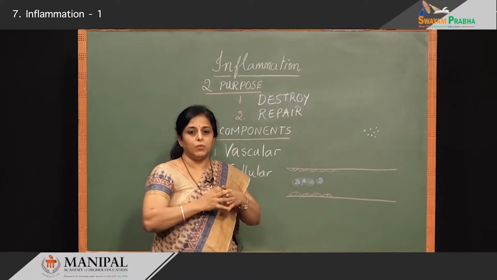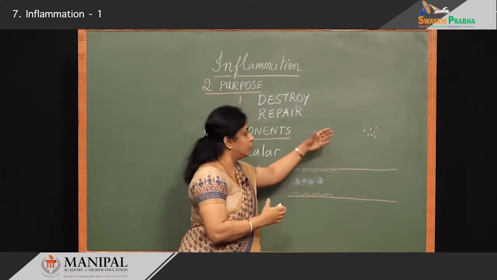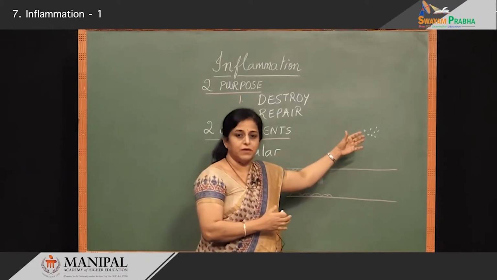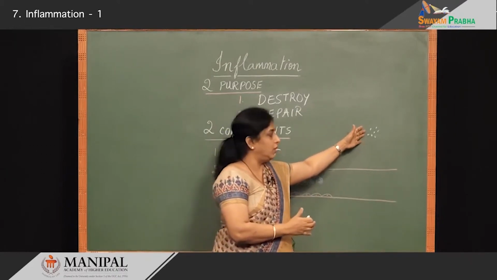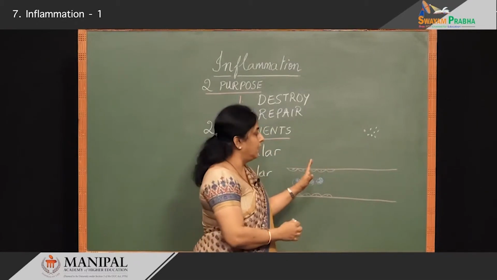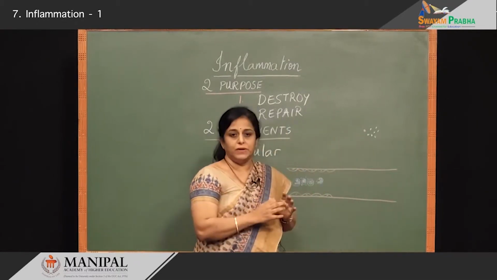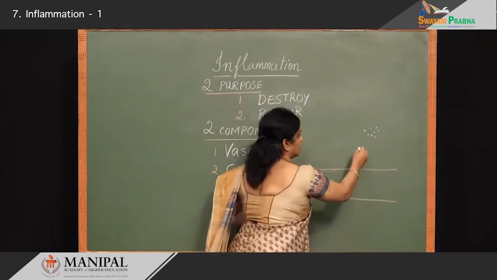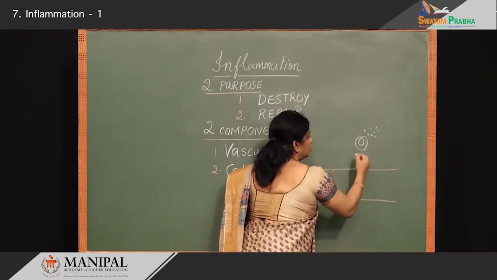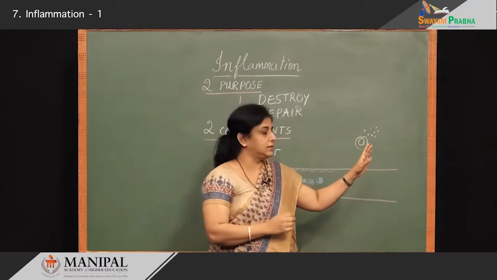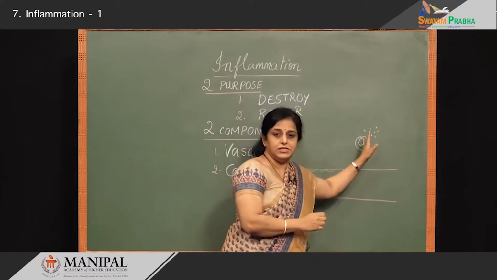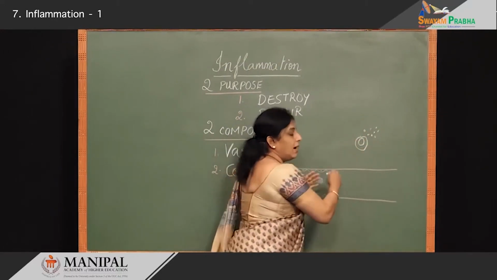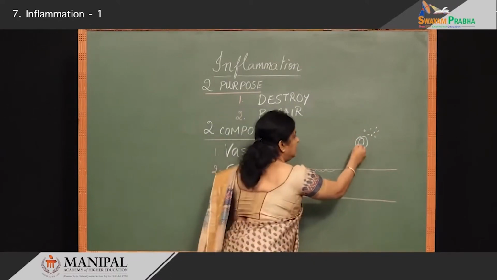First of all, the blood vessels dilate in response to the histamine that is released from the mast cells at the site of injury. You also have learnt that the mast cells are the WBCs which have left the circulation and are residing in the tissues. So, mast cells are the first responders. Whenever there is any injurious agent that enters into a body, the mast cells are stimulated and they release histamine.